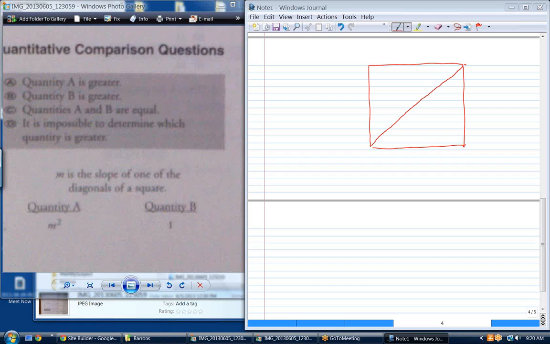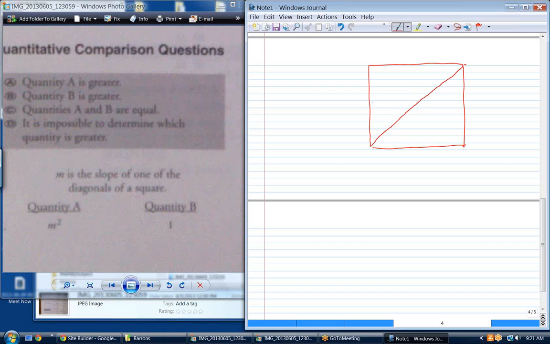I have no idea. Can I just use numbers to plug in for m? Well, no, you can't. You kind of have to recognize from geometry what the slope of that line is.